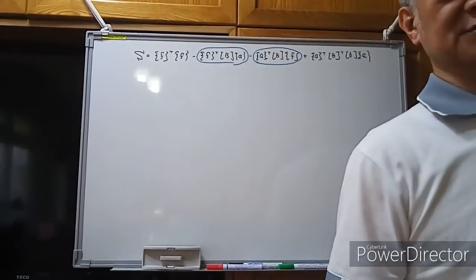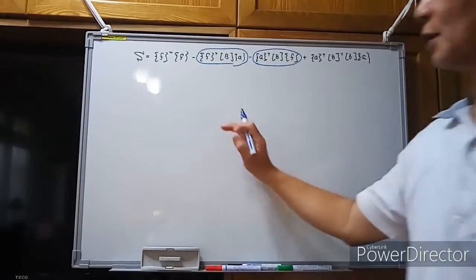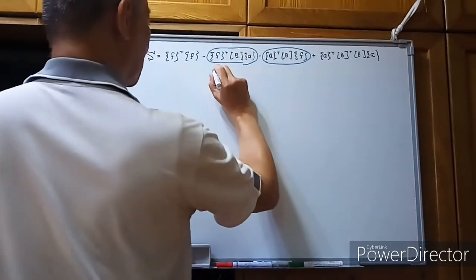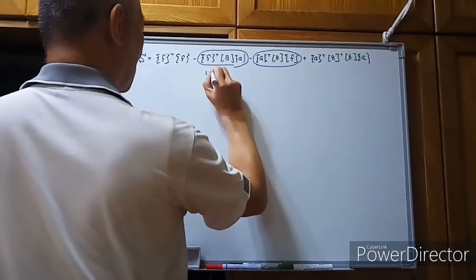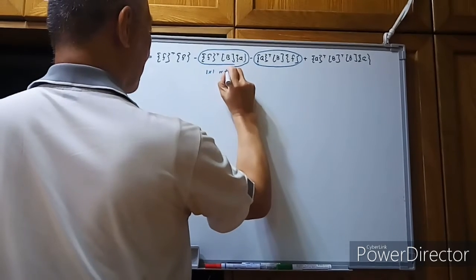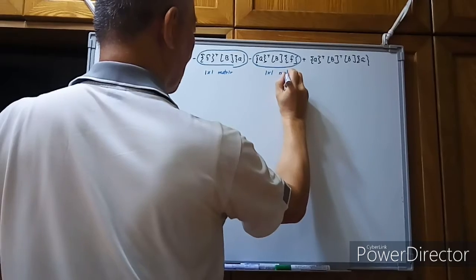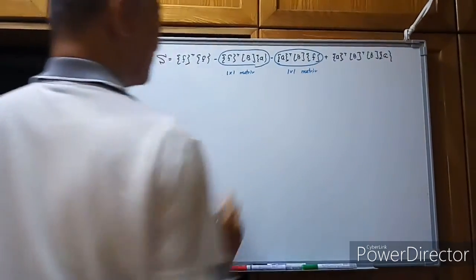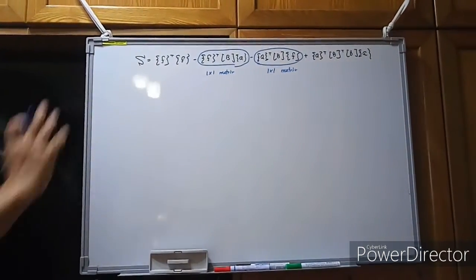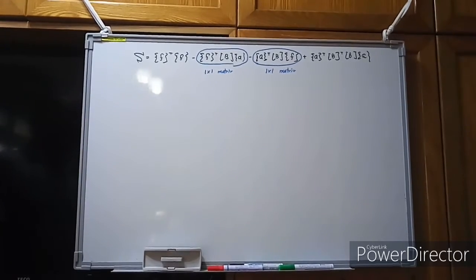The scalar means the result of this one is a 1 by 1 matrix. This one is also a 1 by 1 matrix. Okay, both of them are 1 by 1 matrices.